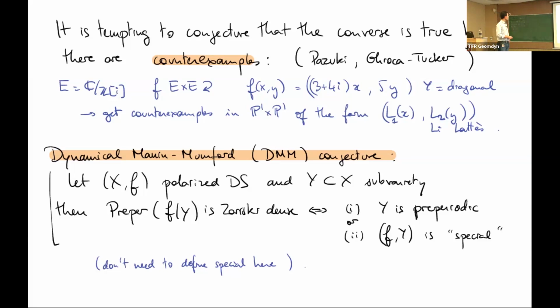Let me formulate it like this: if you have a polarized dynamical system and a subvariety which contains a Zariski-dense set of preperiodic points, then either the subvariety is preperiodic or something special happens.